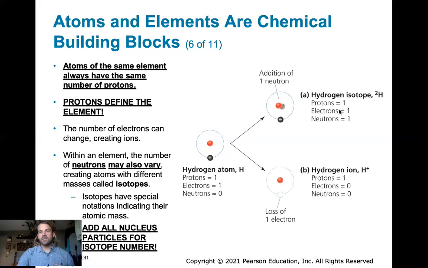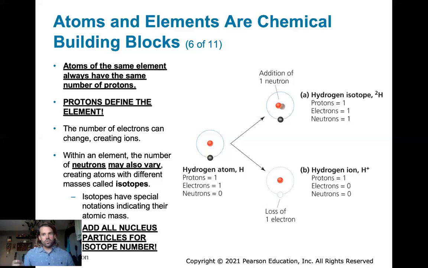So in this case, and hydrogen is the only one that works this way because it's so tiny, if you add 1 neutron to the nucleus, you actually end up with an isotope, okay? So this is actually called H2. Now, isotopes have special notations which indicate their atomic mass.